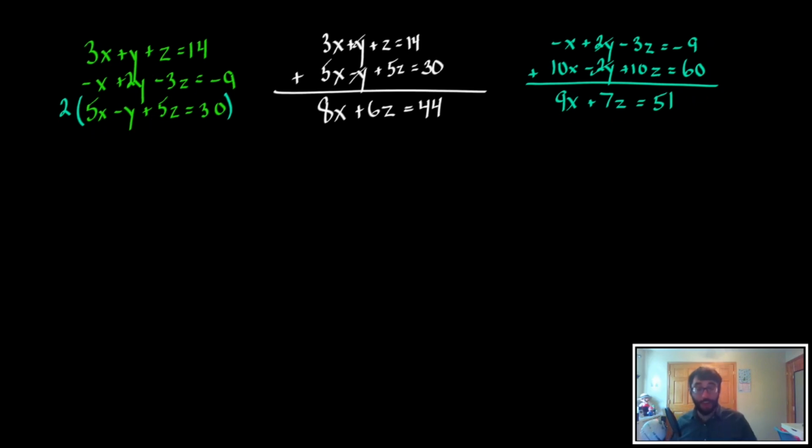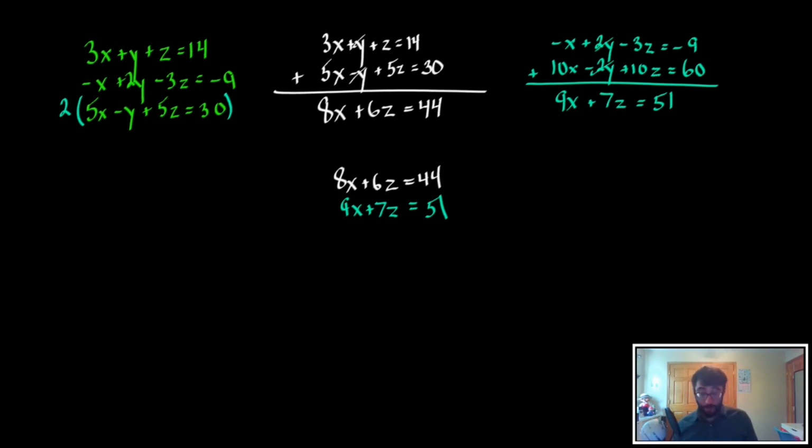And now I have a new system. I have 8x plus 6z is equal to 44, and I also have 9x plus 7z is equal to 51. And now I have a 2 variable system that I can solve using elimination or substitution.